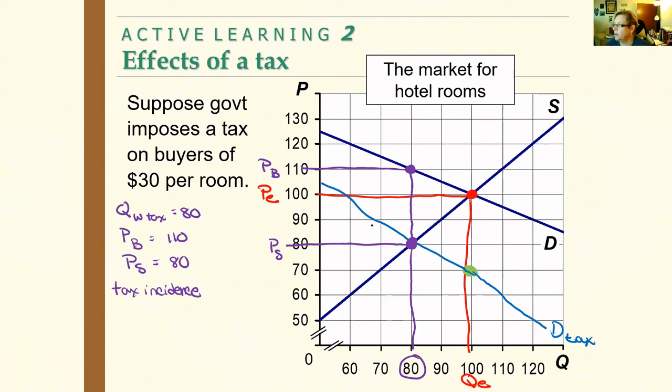Okay, so if I look at the $30 tax here, $10 of that tax, 110 minus 100, $10 of the tax is paid by buyers. And $20 of the tax, 100 minus 80, just $20 of the tax is paid by sellers.